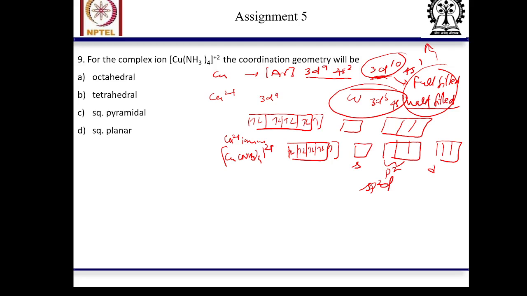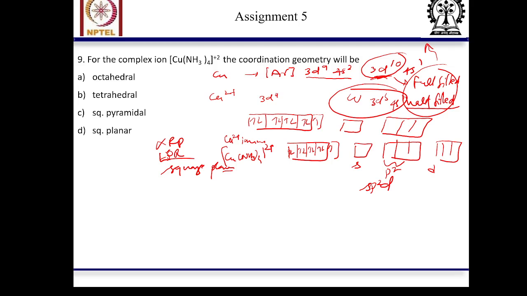But physical measurements like EPR and X-ray diffraction XRD, studies suggest that the complex has square planar geometry.